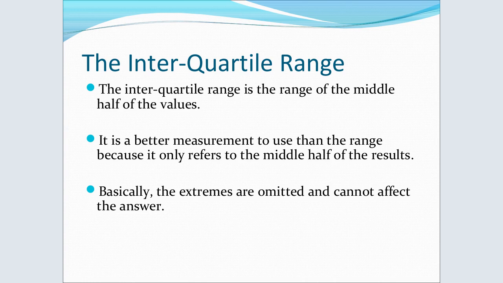So Q3 for our case is going to be given by the same formula for the median, n plus 1. But here, because we are talking about 3/4, we're going to have 3 into n plus 1, and we divide by 4. The median is all about a half.